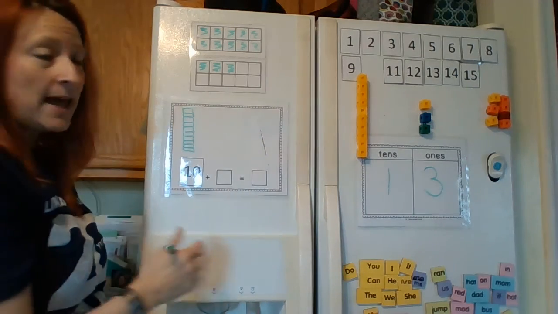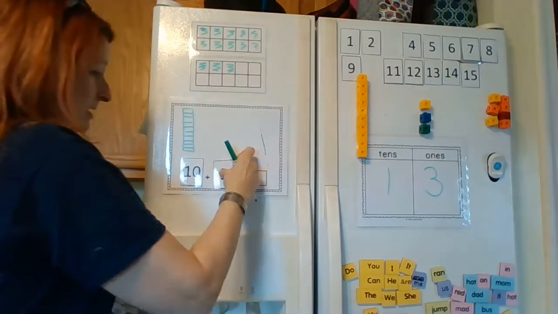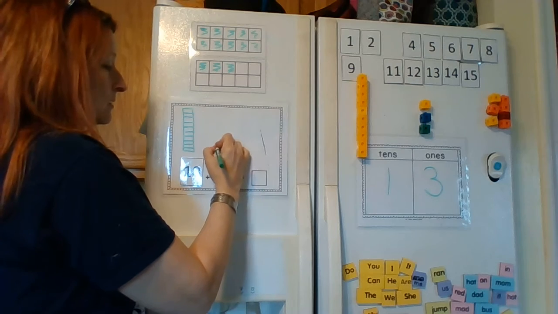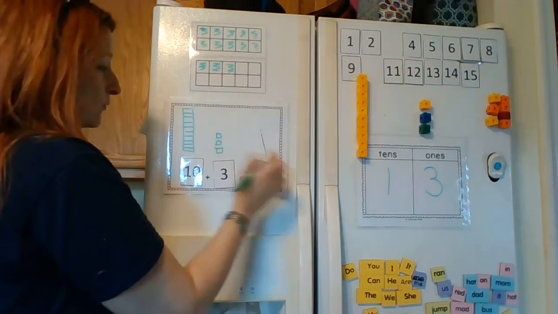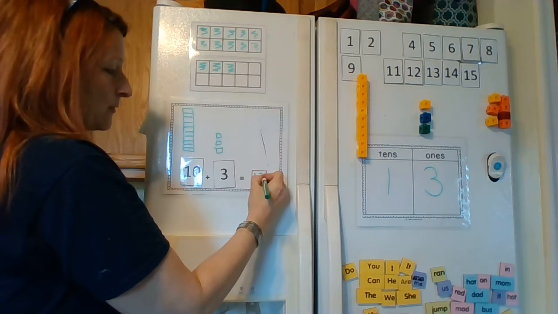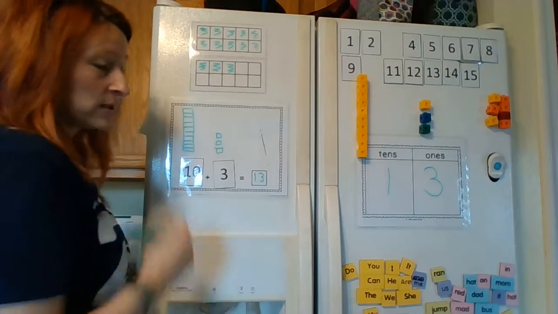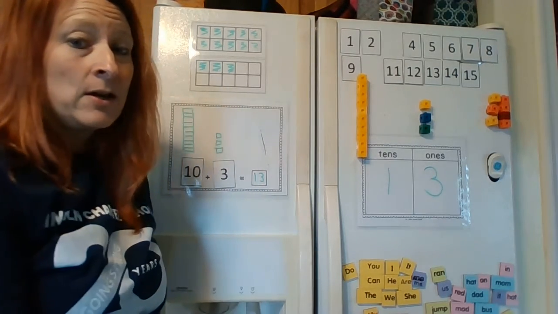I should know that's 10. Then I'm going to put my 3 here because 10 plus 3, and I can do 1, 2, 3 equals 13. So there's one group of 10 and 3 ones. So 10 plus 3 equals 13. And that's how we show how to do 13 on that.